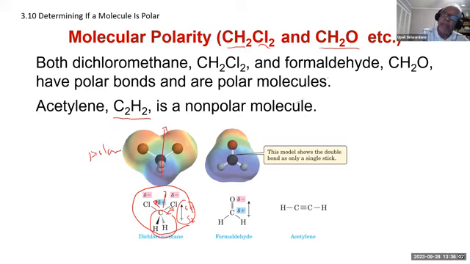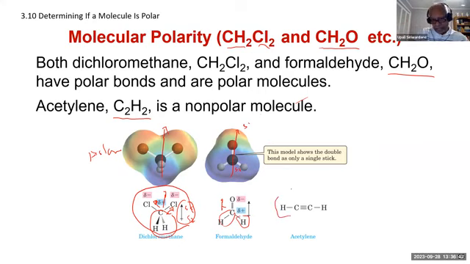If you look at chloroform, the carbon-hydrogen bonds are non-polar. You don't look at them. This carbon-oxygen double bond is polar. Therefore, the total molecule has a charge distribution with delta negative end towards the oxygen and delta positive end towards the bottom half of the molecule.